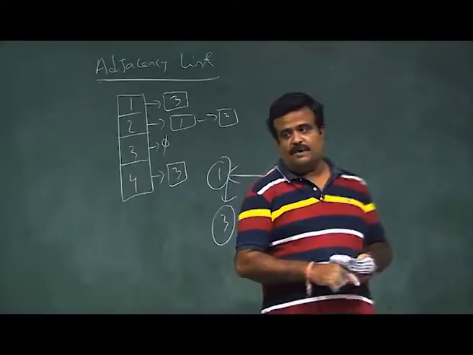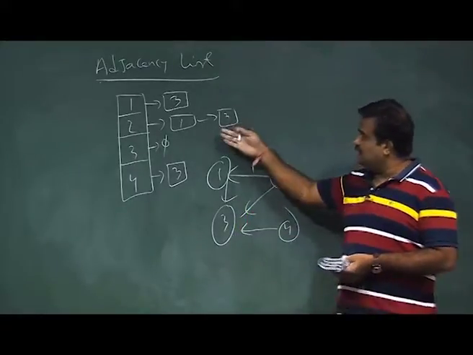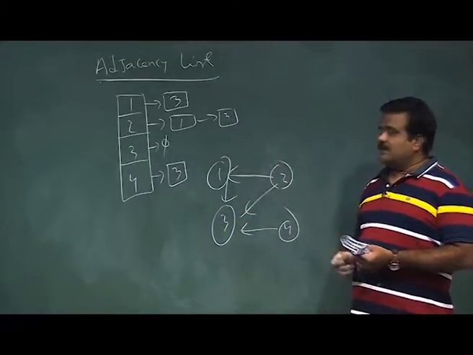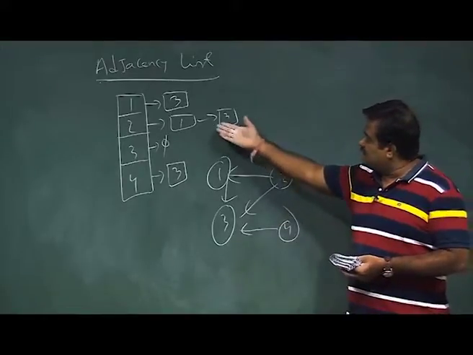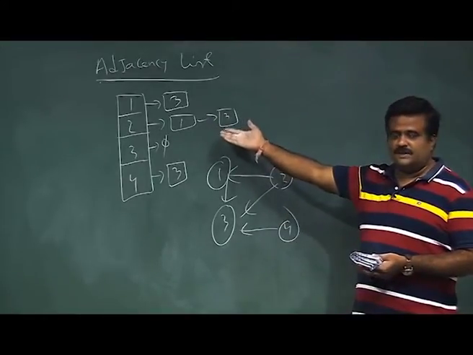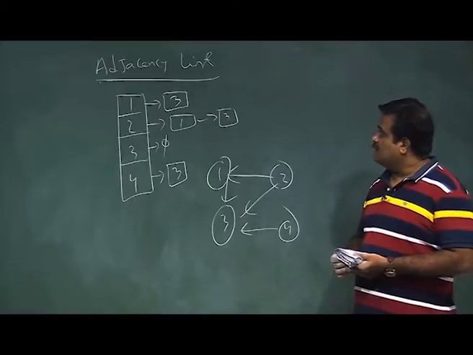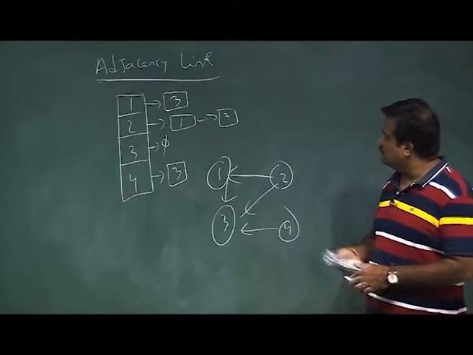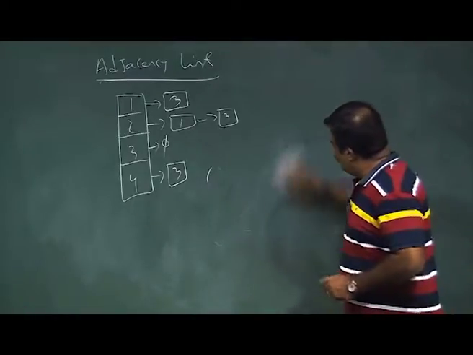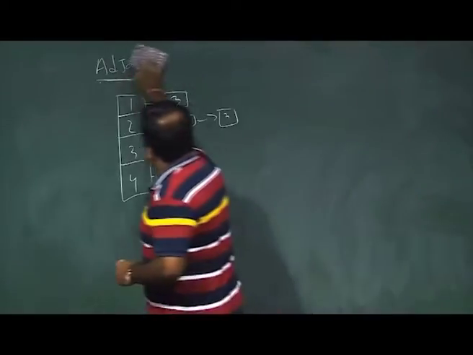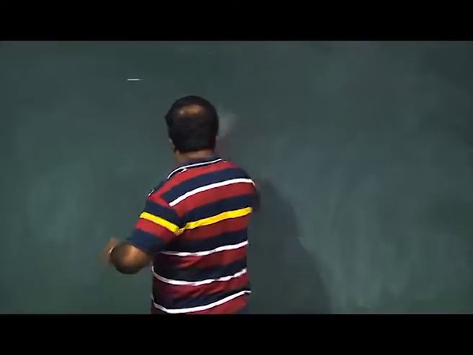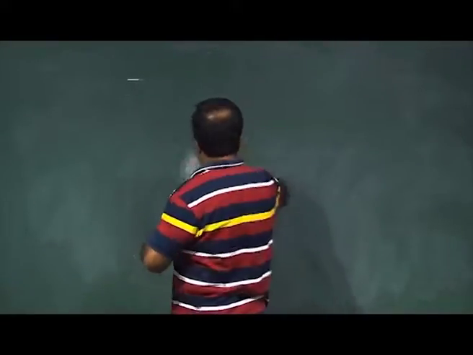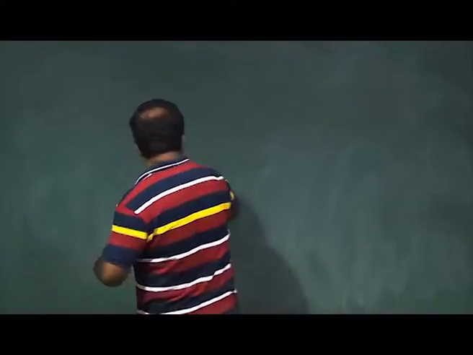Otherwise, if it is a sparse graph, if the number of edges is small, one can go for the adjacency list, because in the adjacency list we have to implement the linked list, but a matrix is very easy to handle. Okay. So, these are the two ways we can represent a graph, either by the adjacency matrix or by the adjacency list.